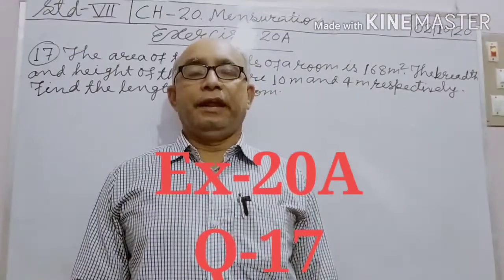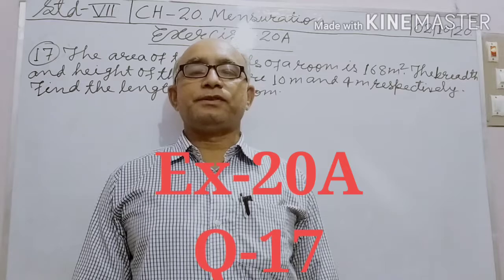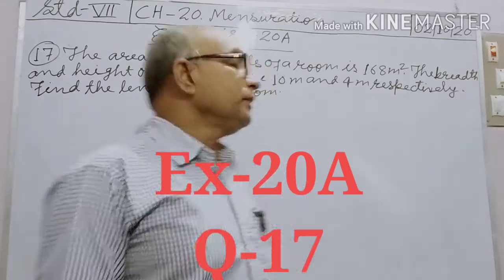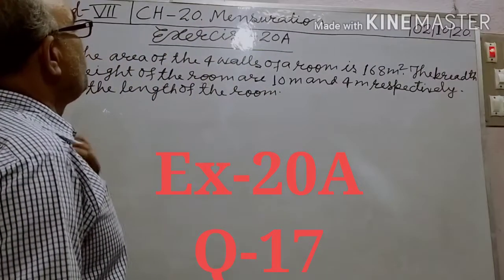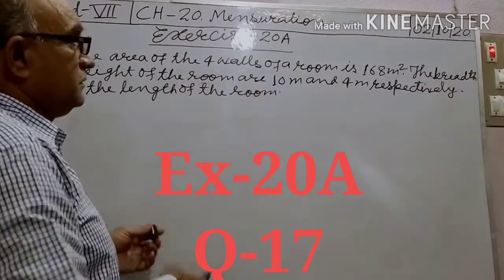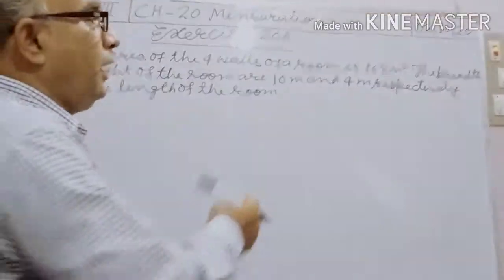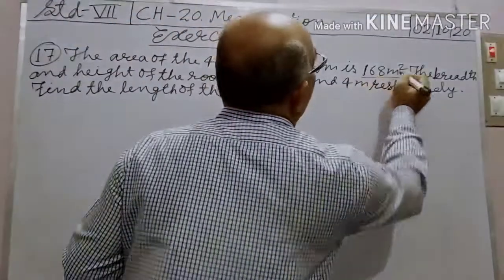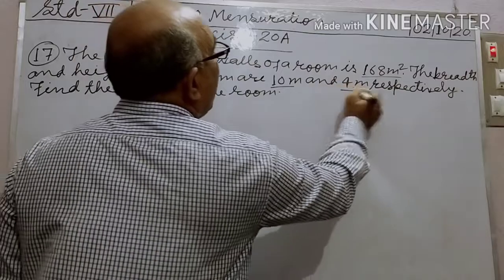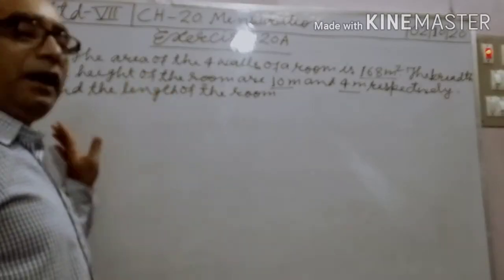Students, next question is question number 17. In this question, the area of the four walls of a room is 168 meter square. The breadth and height of the room are 10 meter and 4 meter respectively. Find the length of the room.